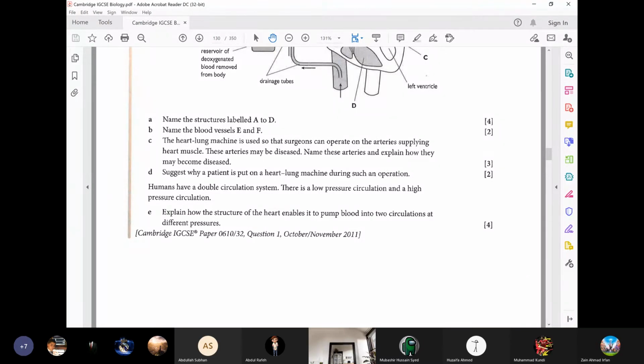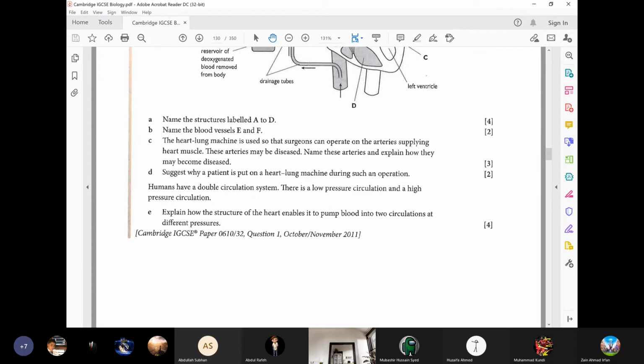So the left ventricle will pump the blood with more pressure, while the right ventricle has thin walls, so it will pump the blood with less pressure. So that is why the two sides of the heart pump blood with different pressures.